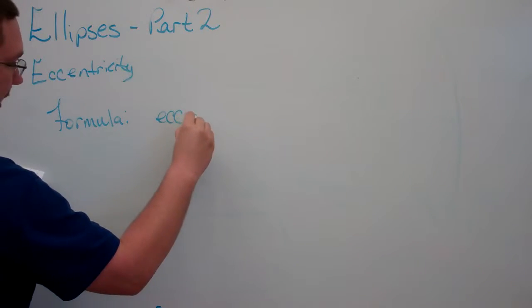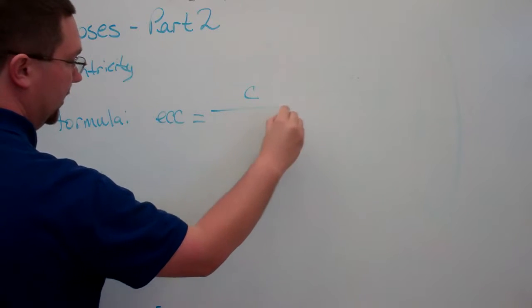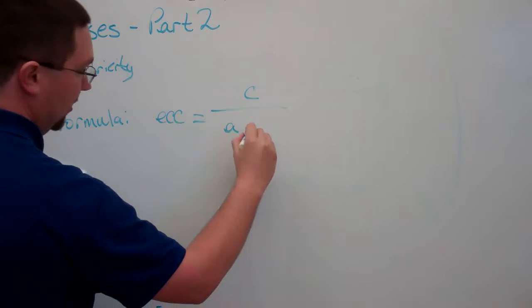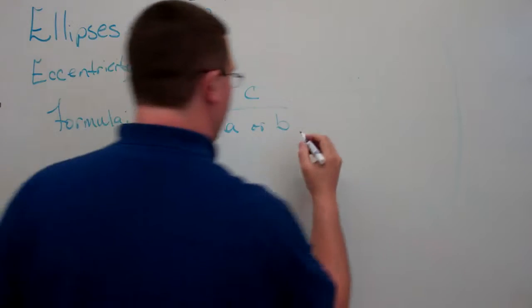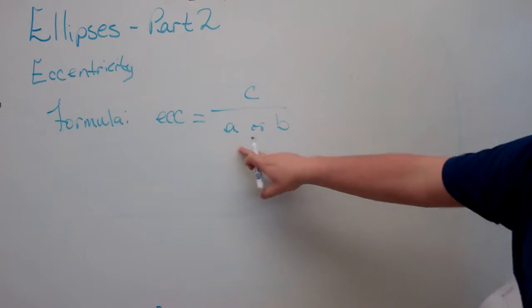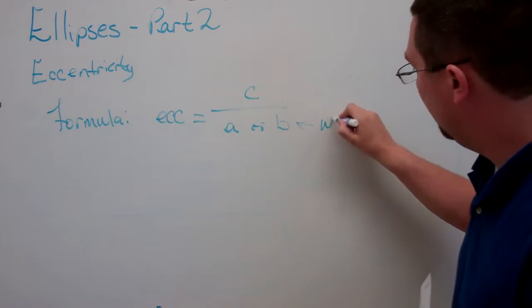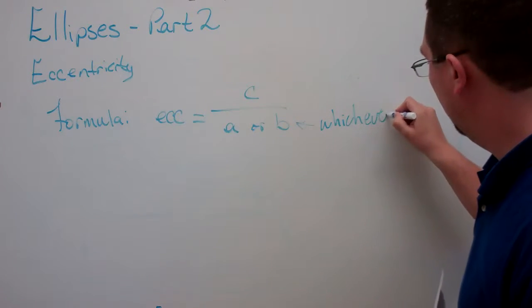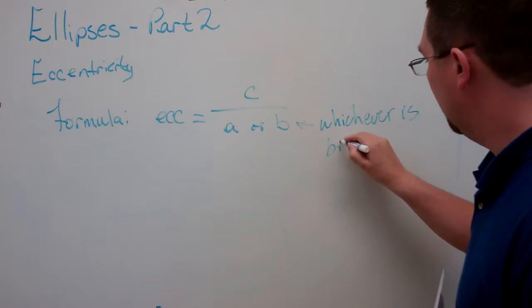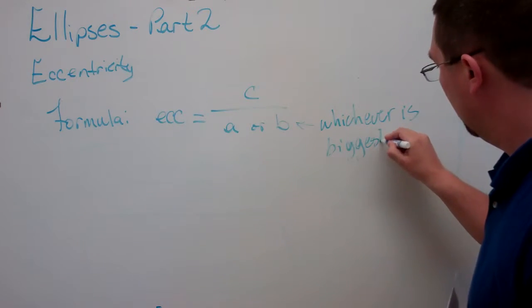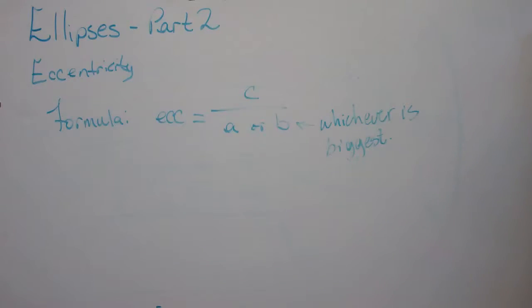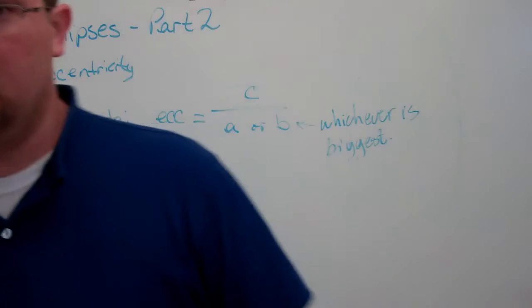Your eccentricity equals C divided by A or B. To tell which one, it's whichever is biggest. So if A is bigger, it's C over A. If B is bigger, it's C divided by B. Whichever one is bigger is what you divide by.